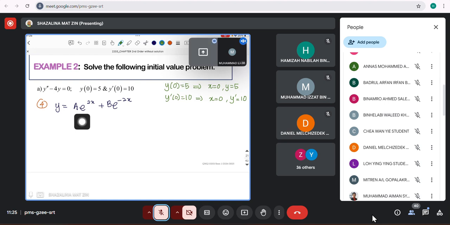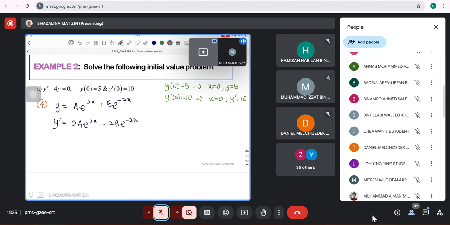In this case, we have two constants, so we must consider both conditions. You don't have y prime, so what you need to do is differentiate. y prime: differentiating a e^(2x) gives 2a e^(2x), and differentiating b e^(-2x) gives -2b e^(-2x).